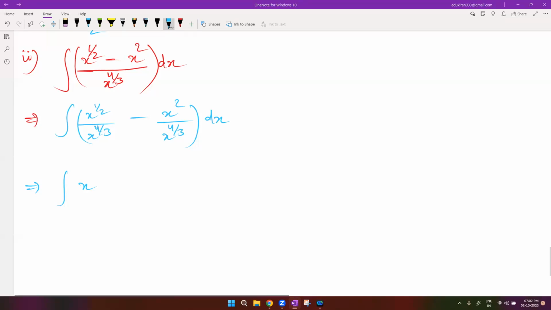Correct. X to the power minus 5 by 6. How can you write this, by the way? X to the power half into x to the power... I can write this as x to the power half minus 4 by 3, correct? And this can be written as x to the power 2 minus 4 by 3. If you take 4 by x to the power 4 by 3 in the numerator, then it becomes x to the power minus 4 by 3.